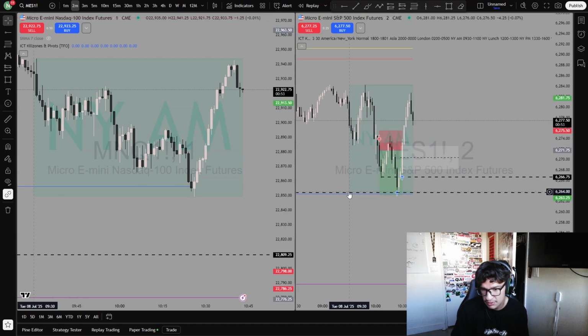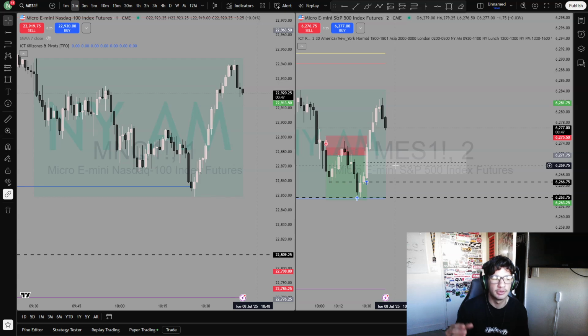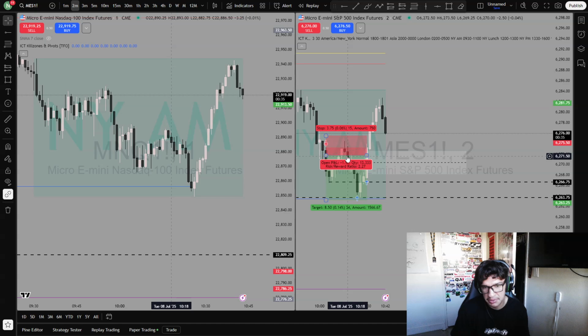And what did it do? So I put my stop loss right there because I know that's a spot where I can maybe catch a little bit extra profit. Because I could have easily just said break even or left my stop loss up there, but then that loss would have wiped out most of my win. I would have been at probably half of the win that I got.